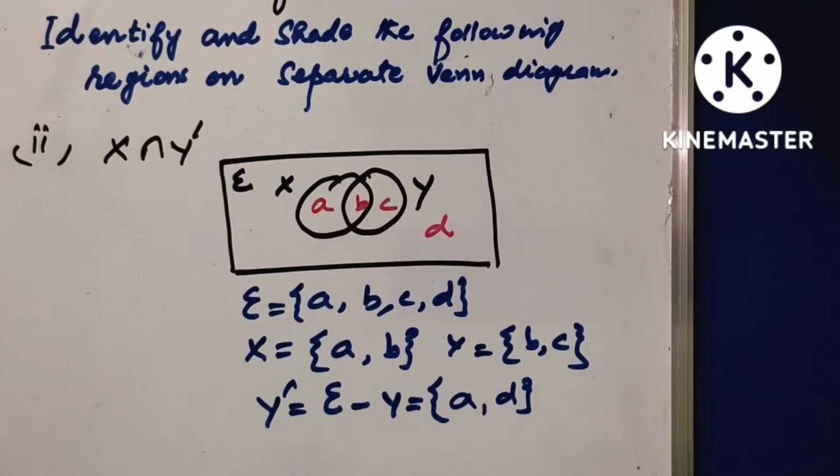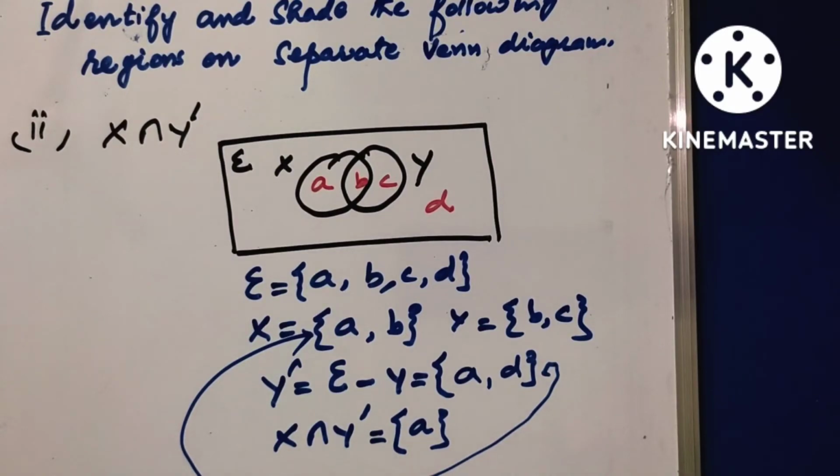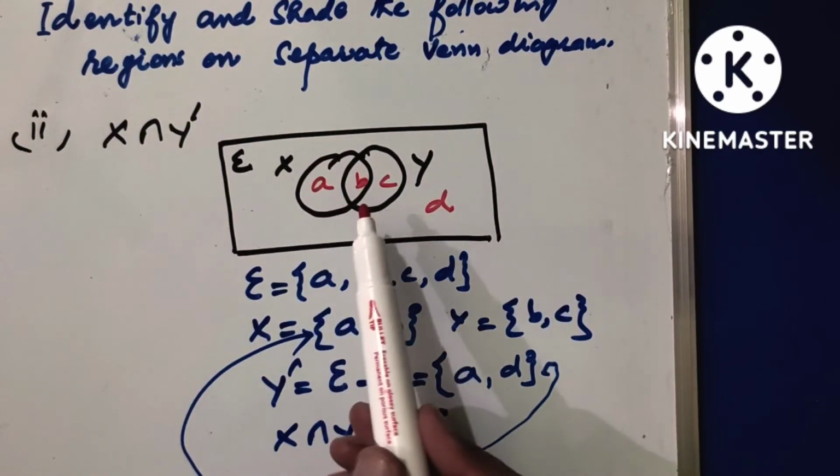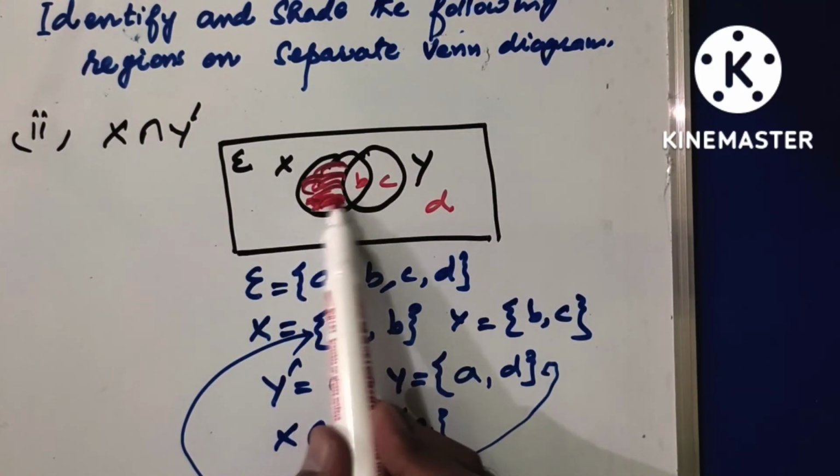Now X intersection Y complement. Now we have to take common elements from X and Y complement. Only A is common, and we have to see where this A is located in the region. So A is located over here, so this area will be shaded.